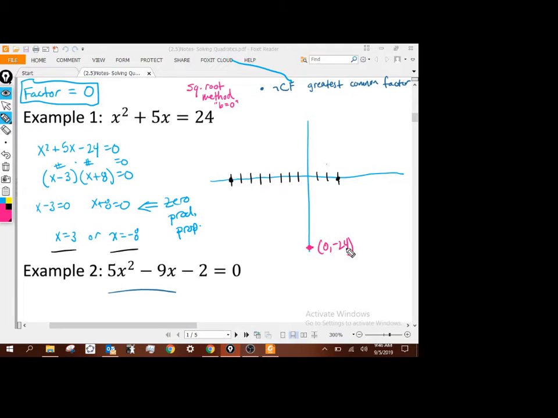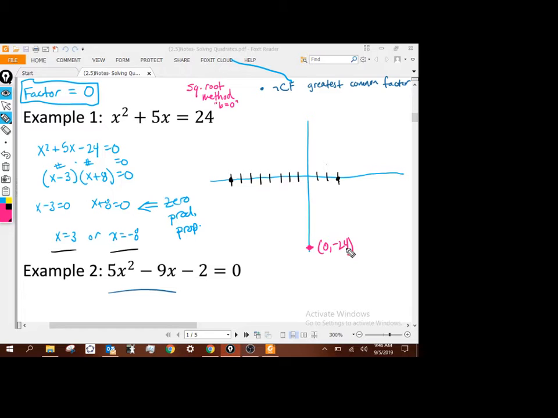So what's the distance between 3 and negative 8? I'm standing at 3 and I need to walk to negative 8. How far do I walk? Walk 11 units, don't I? What's halfway of 11 units? 5.5.